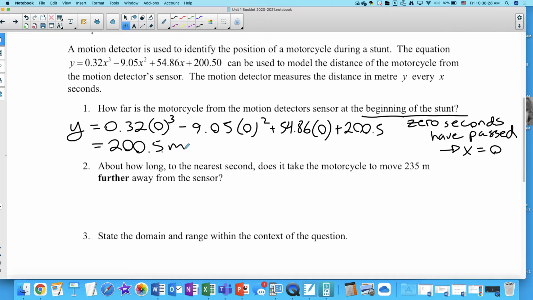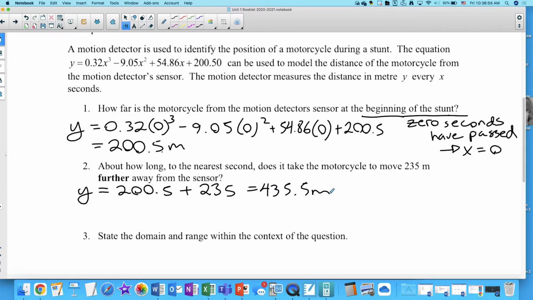If you're 235 meters further away, you have to add to your initial distance, not just 235. So y is going to be 200.5 plus 235, and that is 435.5 meters.